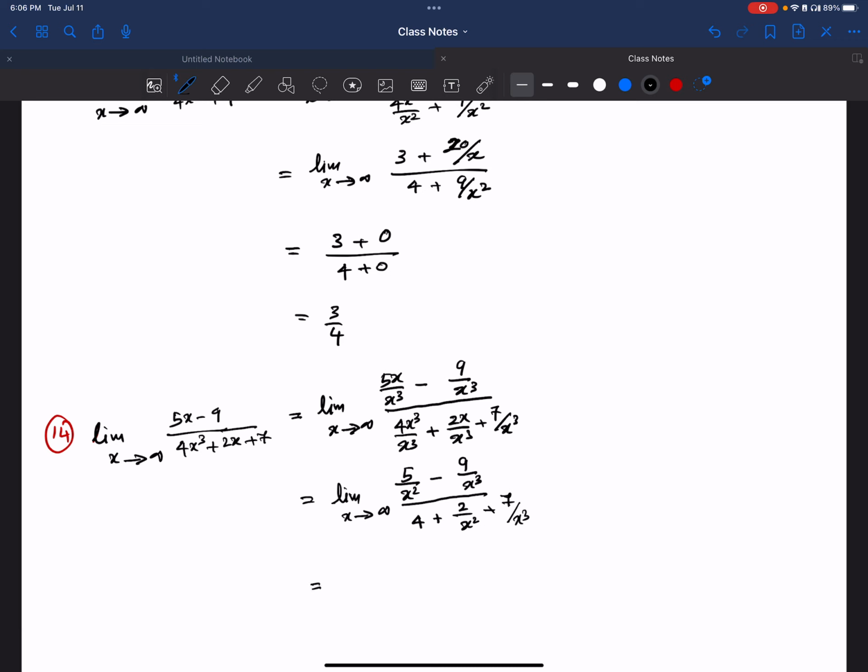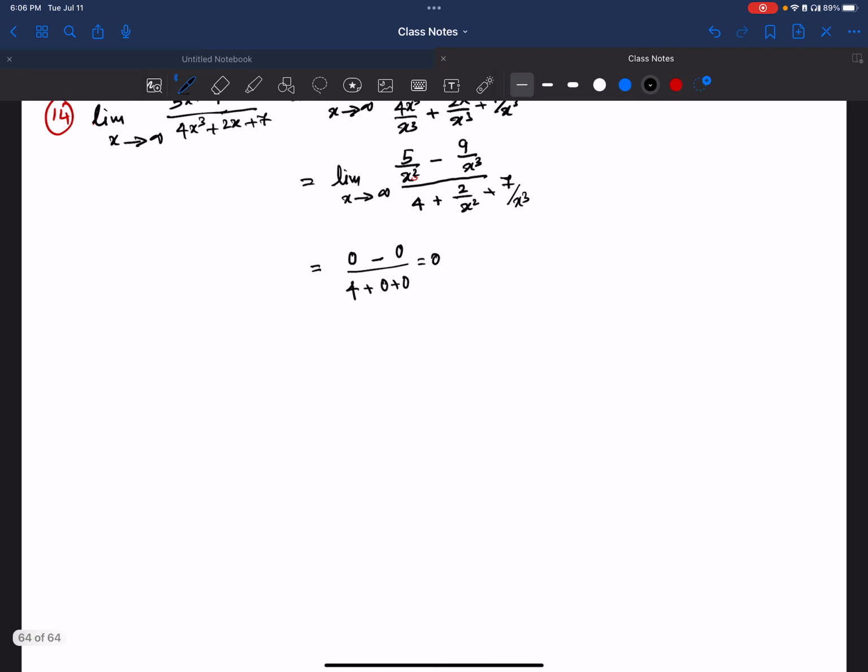Any x to the power negative n goes to 0, so these terms go to 0 and the 4 stays. So this is 0 minus 0 over 4 plus 0 plus 0, so it goes to 0. The limit is 0.